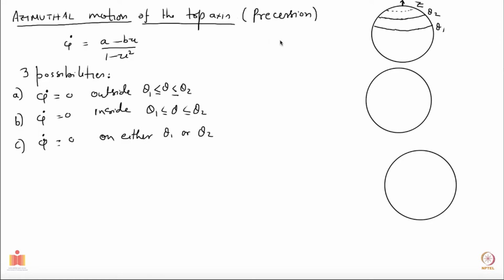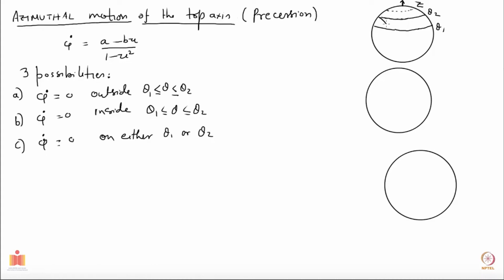So the possibility 1 is that, let's start from here. Phi is increasing. This is the place where the axis is piercing this imaginary sphere.